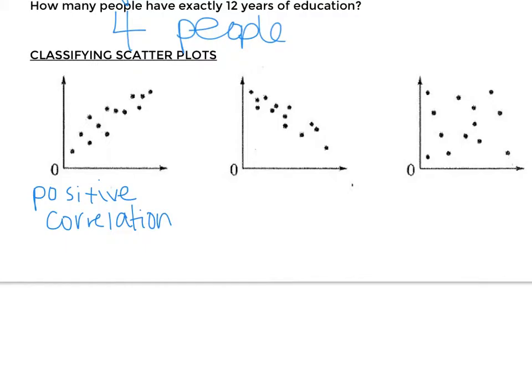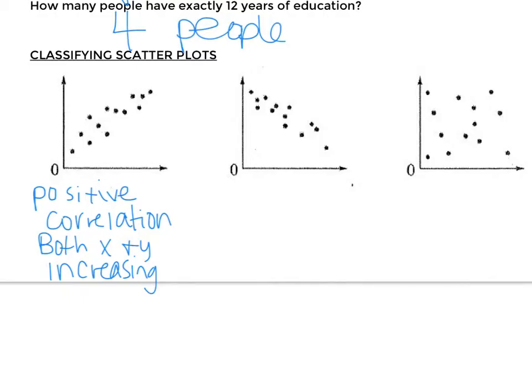What that means is both your X and Y are increasing. As you go over to the right, your Y values get higher and higher and higher. So if they're going this direction as a trend, that means they have a positive correlation.